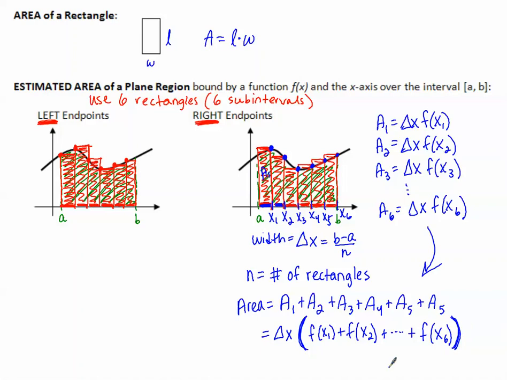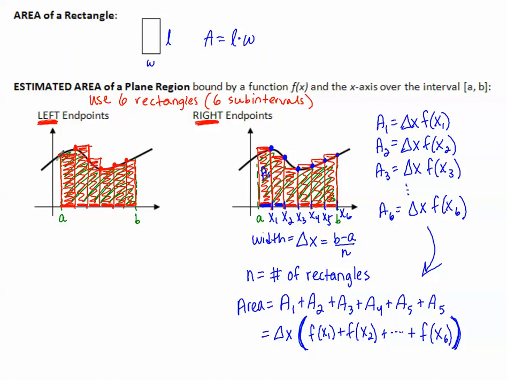Now, because this is an estimating technique, let's talk about how we're estimating and what kind of results we get when we estimate this way. Because we're only breaking it up into a certain number of rectangles, we're overestimating a little bit here, underestimating a little bit here. So there's some over and underestimating, and we want to know, when does that happen?